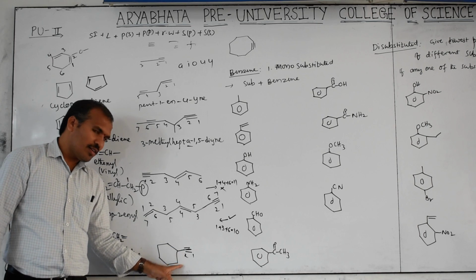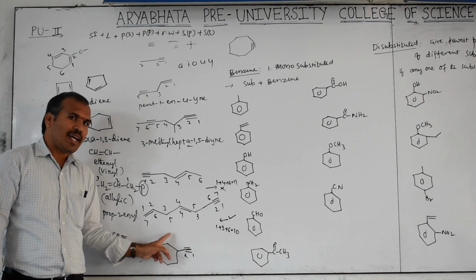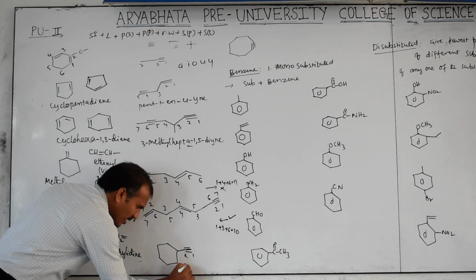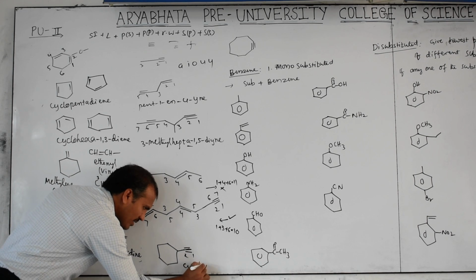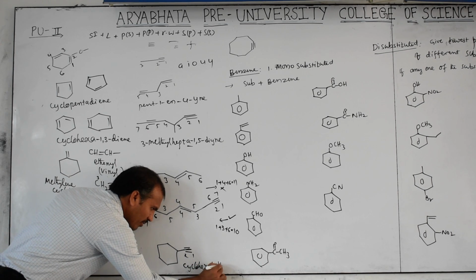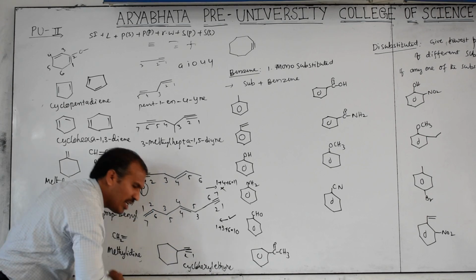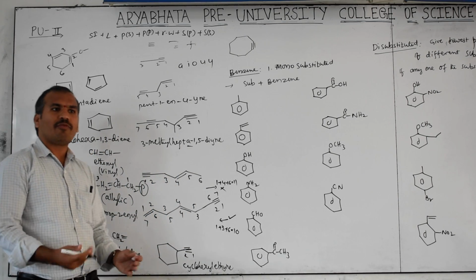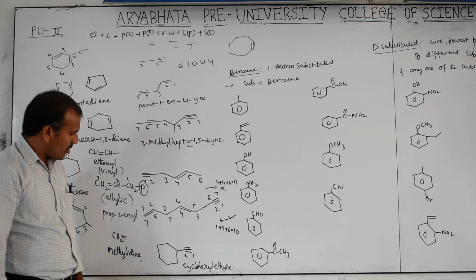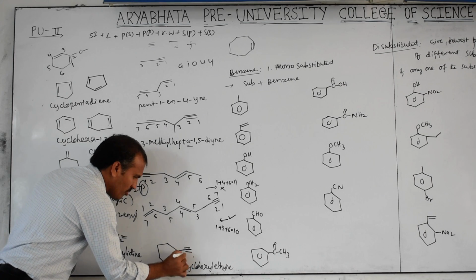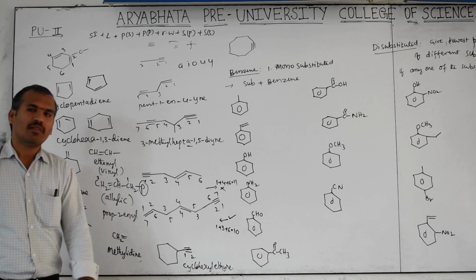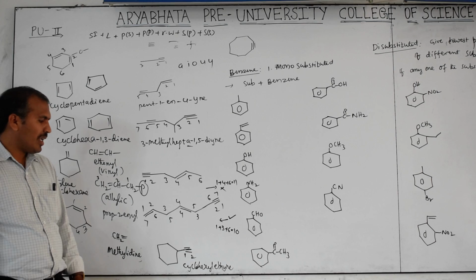Then this is called cyclohexyl. A number is not required here, because whichever side you place it on, you will get the first position. Cyclohexyl.